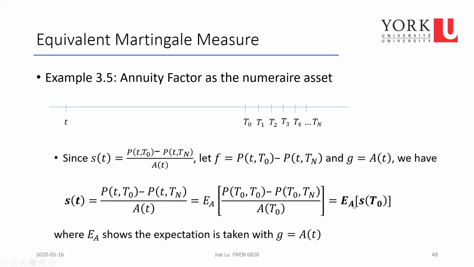Of course, the expectation is taken by using this annuity as the numerator asset. So if you use the annuity as the numerator asset, you can express your forward swap rate as an expectation of the realized swap rate.